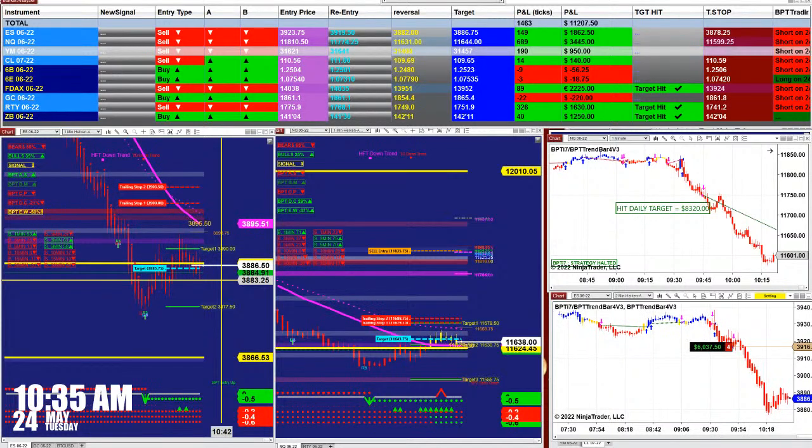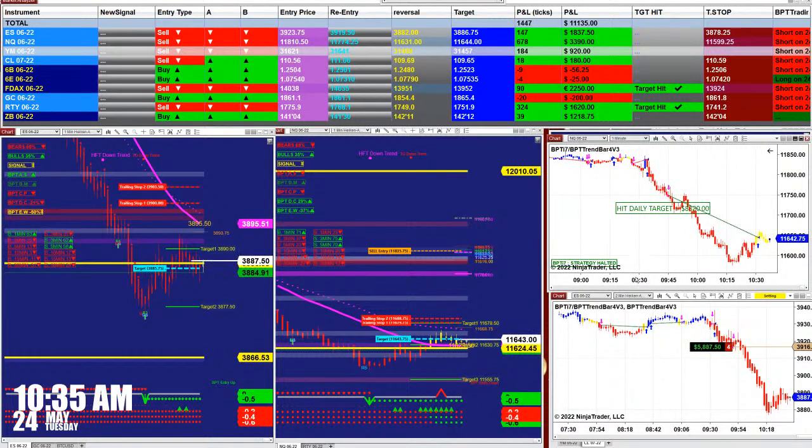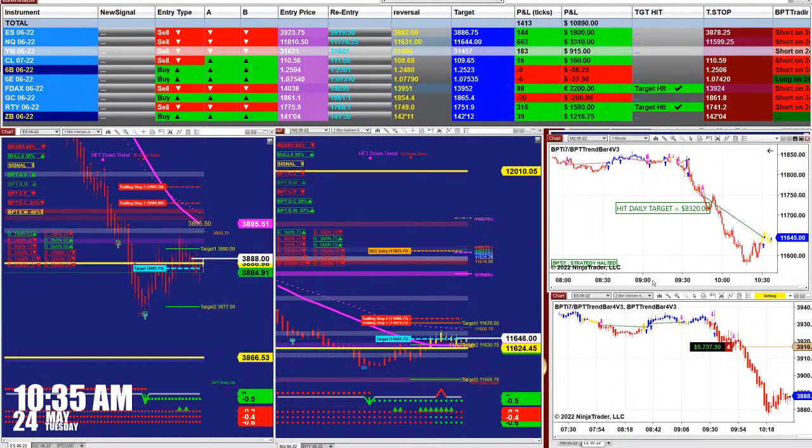So there is no entry. Of course, you can take shorts, scalping a couple ticks here and there manually, but if you don't have light hands with this, you should not do that.